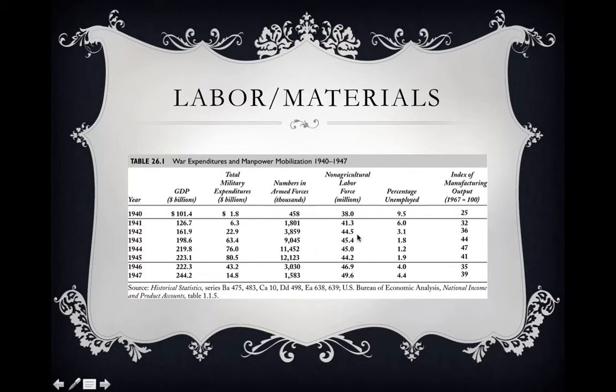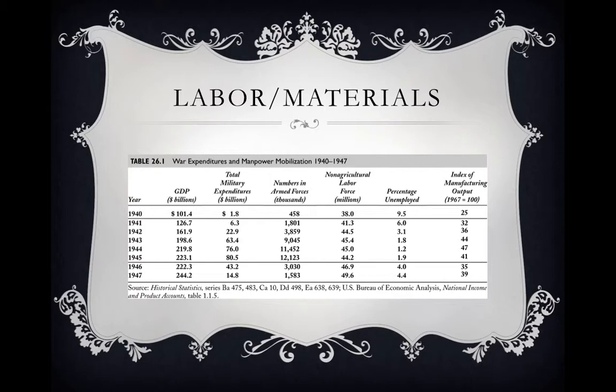All right, and as you can see, the non-agricultural labor force is growing during this time period also. So again, we start seeing a dramatic shift away from agriculture and into non-agricultural labor force uses. Also take a look at what happens to the unemployment rate. And we talked about roughly 25% unemployment in 1932, 33, roughly in that area.